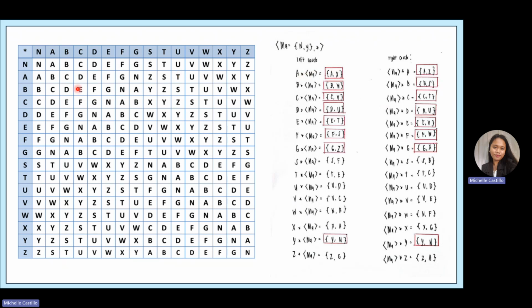So here we have A star N is equal to A, then A star Y is equal to X. That's why A star M sub 9 is equal to A and X. Then for its right coset, we have N star A is equal to A, then Y star A is equal to Z. That's why M sub 9 star A is equal to A and Z.